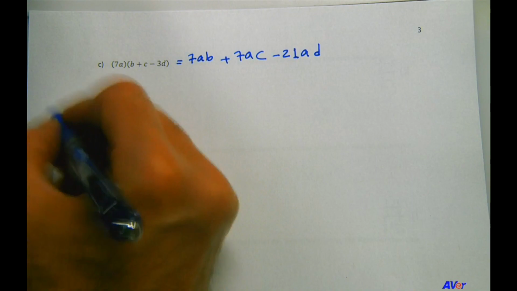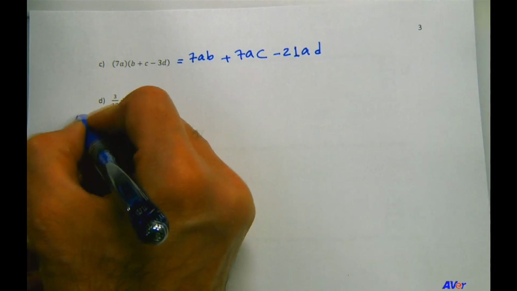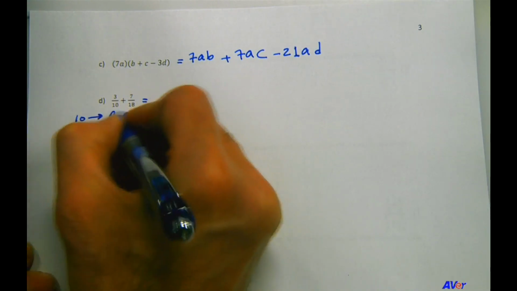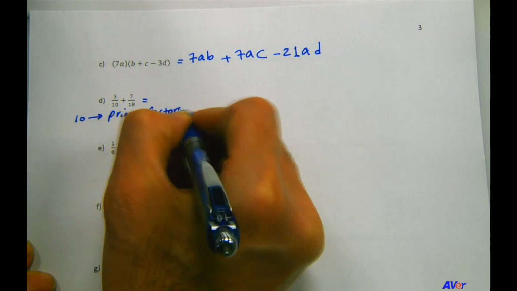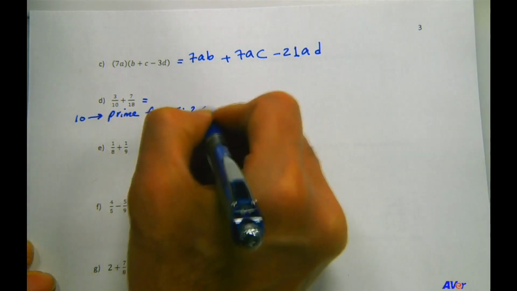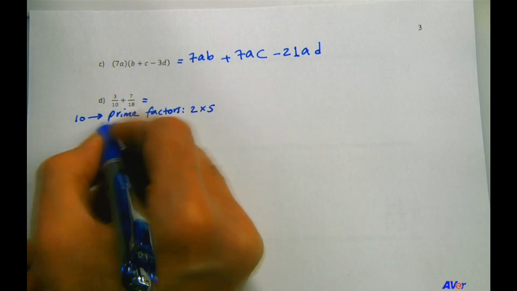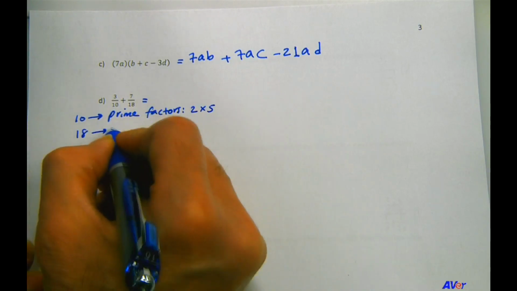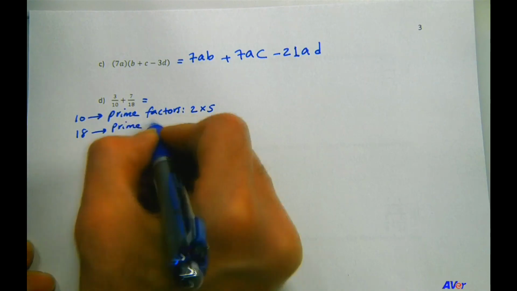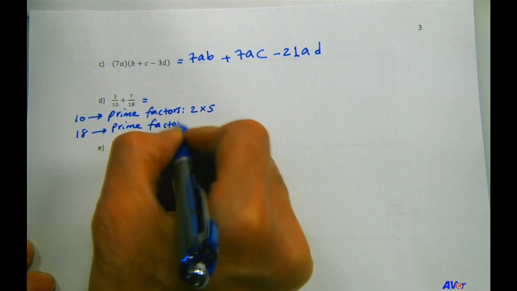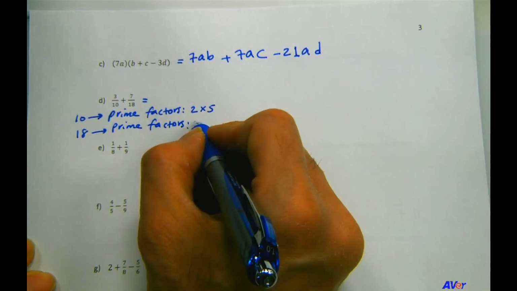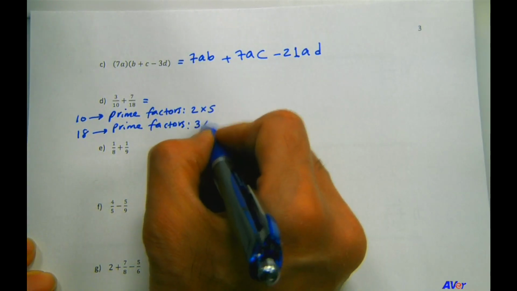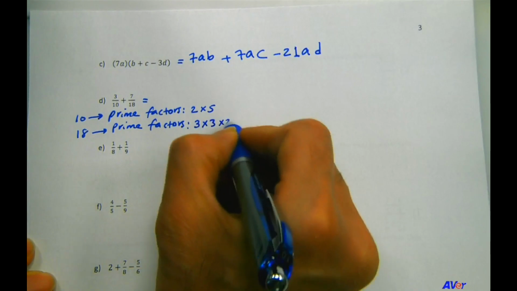So prime factors, so 10 has prime factors 2 times 5, 18 has prime factors 3 times 3 times 2.